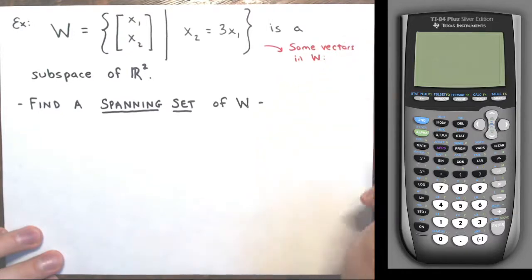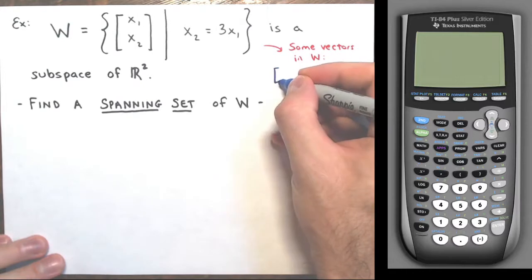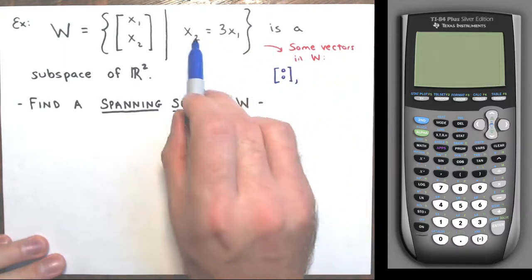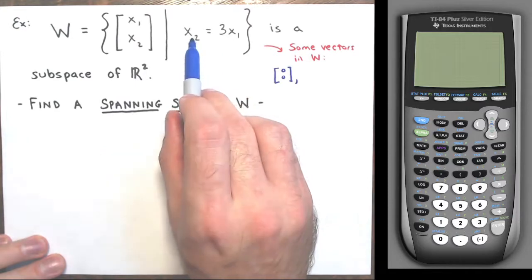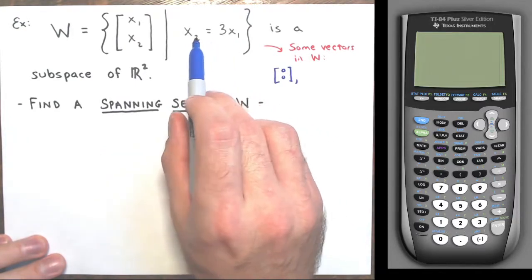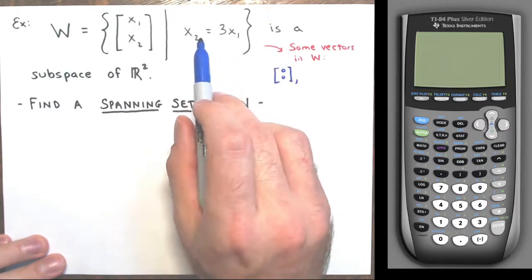One of those would be the 0 vector. As long as this condition holds, the second component is 3 times the first component, as long as this equation is satisfied. If x1 and x2 were both 0, it would be satisfied.